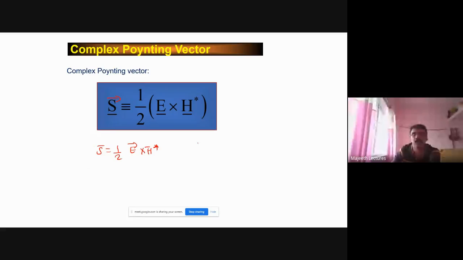Since it is a complex number, it has both a real part and an imaginary part. From this we learn what the real Poynting vector is, and this is very, very important.